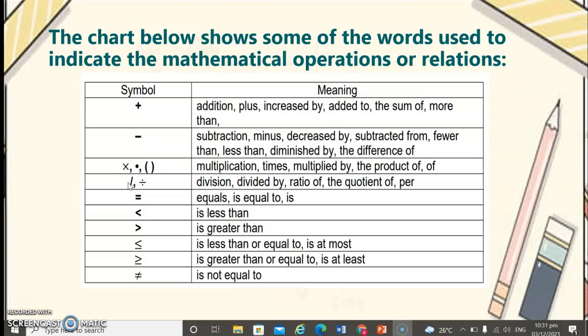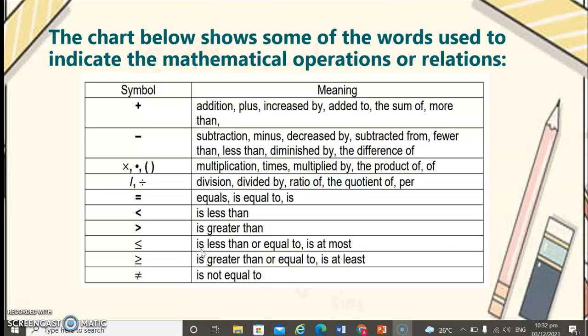Next, the slash. This symbol, of course, we all know, is division: divided by, ratio of, the quotient of, per. And this one means equals, is equal to, is. This symbol means is less than. This one is greater than. Another one is below.